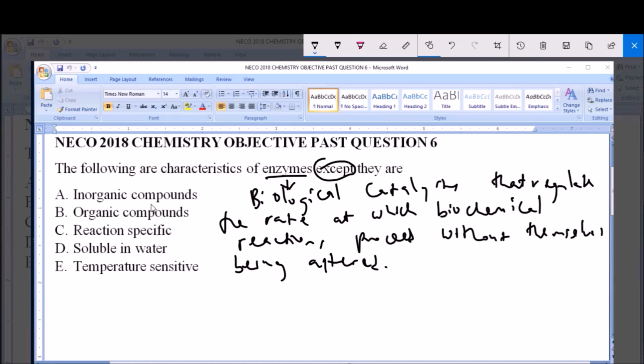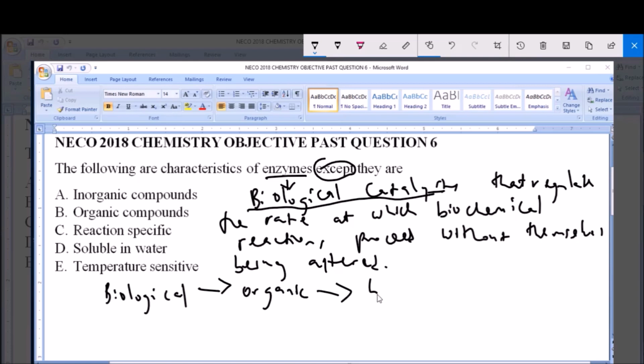So, inorganic compounds is option A. Now we've established the fact that enzymes are biological catalysts. That is, they are catalysts, substances that speed up rate of reaction or regulate rate of reaction, and enzymes are biological in nature. So, by virtue of them being biological, it means that they are organic, or what is known as biomolecules.